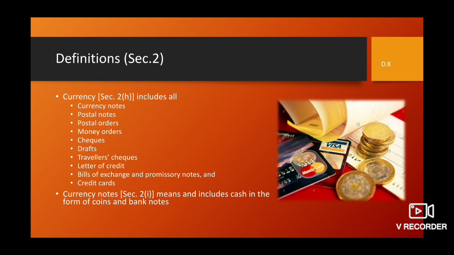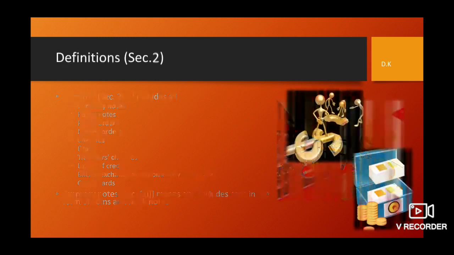Recently, the Reserve Bank has notified debit cards, ATM cards, and any other instrument, by whatever name called, that can be issued to create a financial liability, as currency. In addition to currency notes and postal notes, ATM cards, credit cards, or whatever cards we use today for transactions are called currency according to this section.